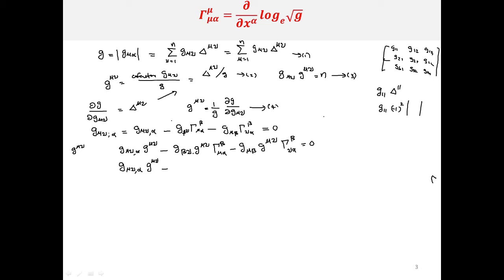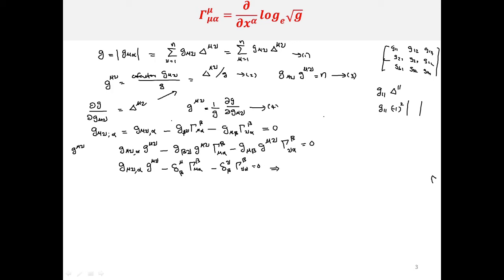Here nu is the common index, so you can write it as canonical delta mu beta into gamma beta mu alpha. Similarly, here mu is the common index, so you can write it as canonical delta nu beta into gamma beta nu alpha equal to 0.